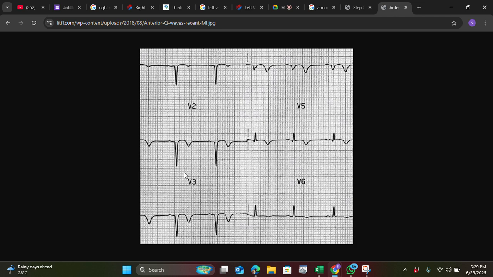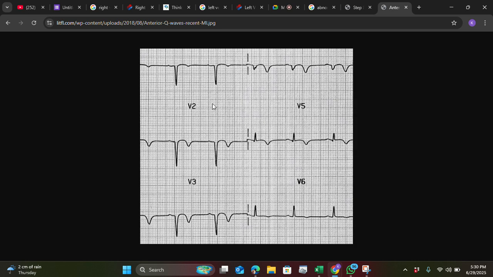This patient is really abnormal, and they were having V2, V3, which should be the anterior leads.